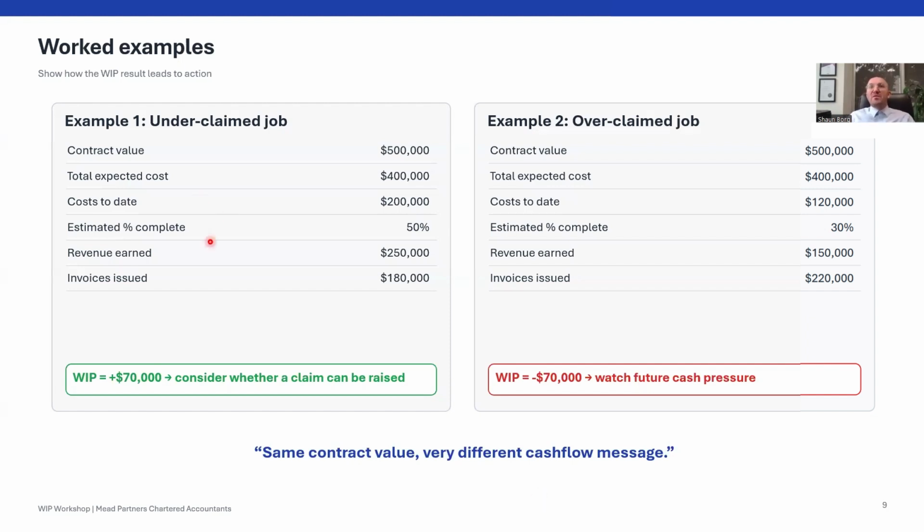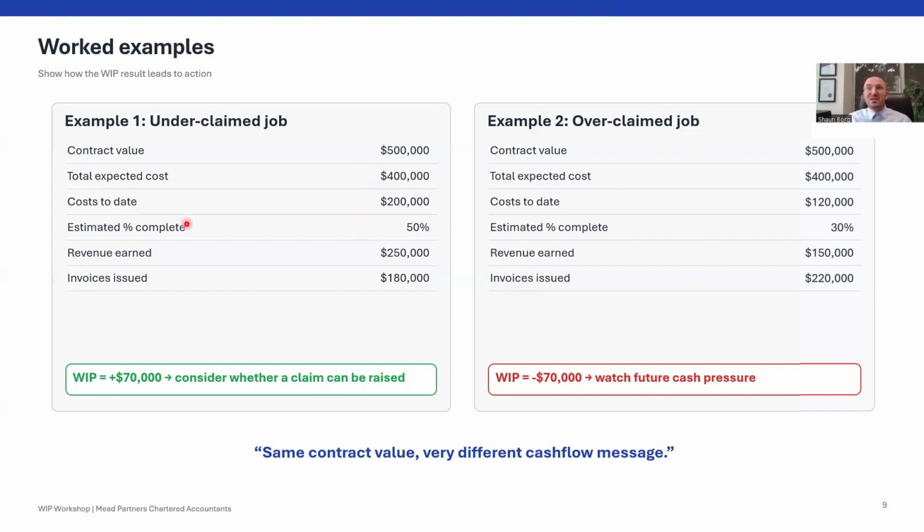With example 1, we have a contract value of 500,000 and a total expected cost of 400,000. If we go back to the template, these 2 line items would be in our green area: our contract value and our budgeted cost to complete this job. Then moving into our yellow area, cost to date. For this example, our cost to date is 200,000. So simply put, 200,000 divided by 400,000 is 50%.